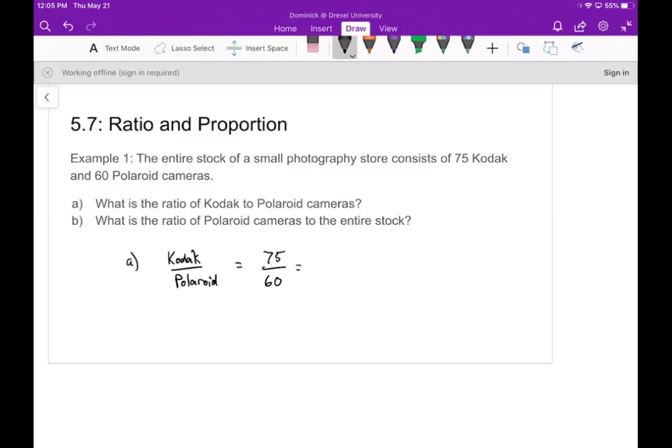We could simplify this fraction by dividing the top and bottom each by 5, which gives 15 on top and 12 on the bottom. Then we can divide the top and bottom by 3 and get 5/4. What this really means is that for every 5 Kodak cameras, there are 4 Polaroids.